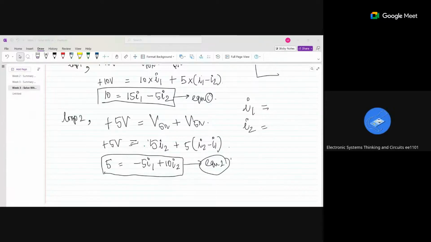But you can try the elimination method, that will be easier for this. Note down the equation.